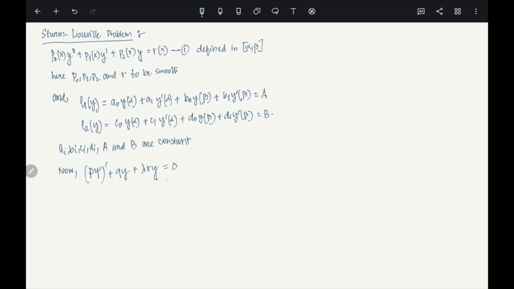In mathematical physics there are many different situations where you have to determine the value of this parameter lambda. So the question generally arises: determine lambda, where lambda is assumed to be a complex number, for which non-trivial solutions exist.